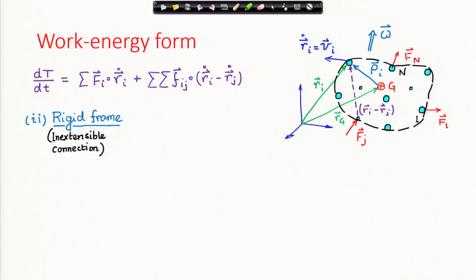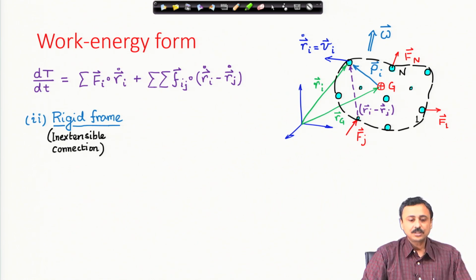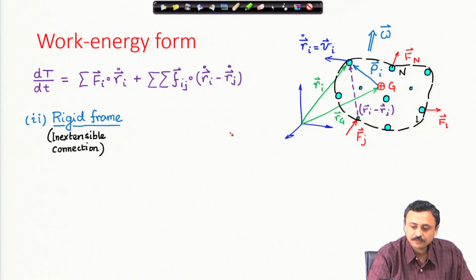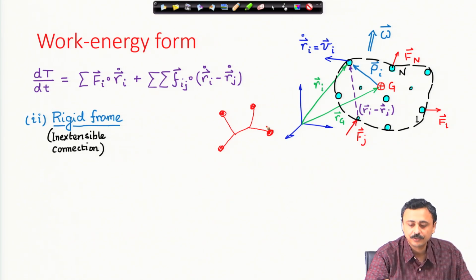We look at a second situation in which we consider a rigid frame, which means that these particles are connected. So, this is one particle, and they are all interconnected by a rigid light frame.